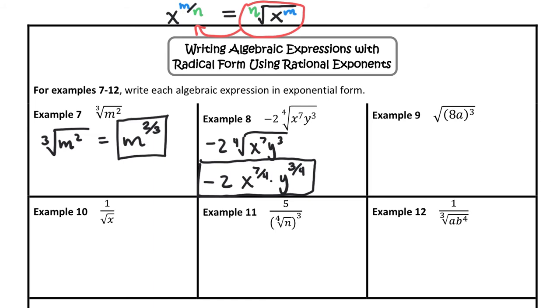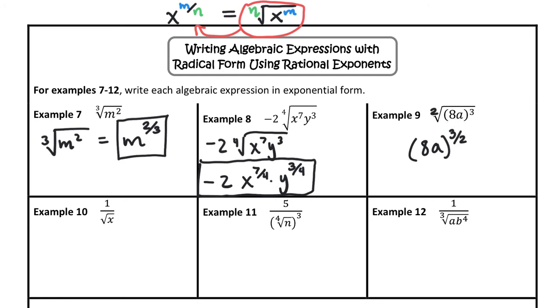Then we look at example 9. What we want to keep in mind here is if there's no number in front of the root symbol, then it's assumed to have a 2. So if it has a 2, then we're going to rewrite it as 8a to the power of the number inside the root, 3, divided by the number outside.